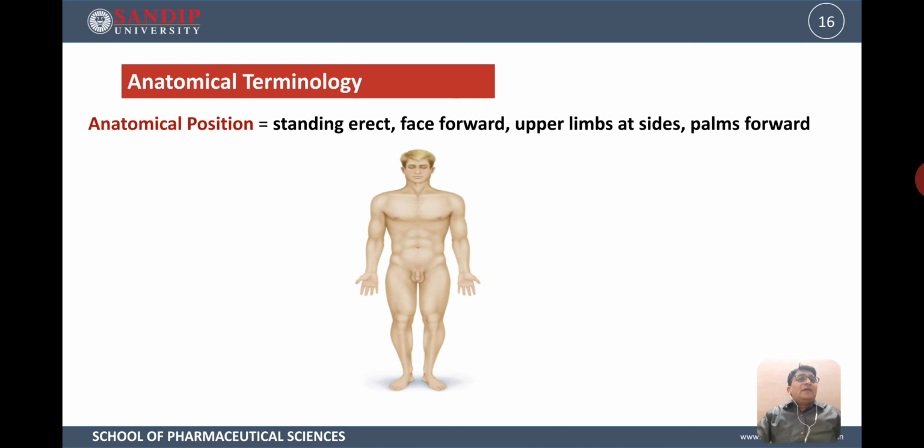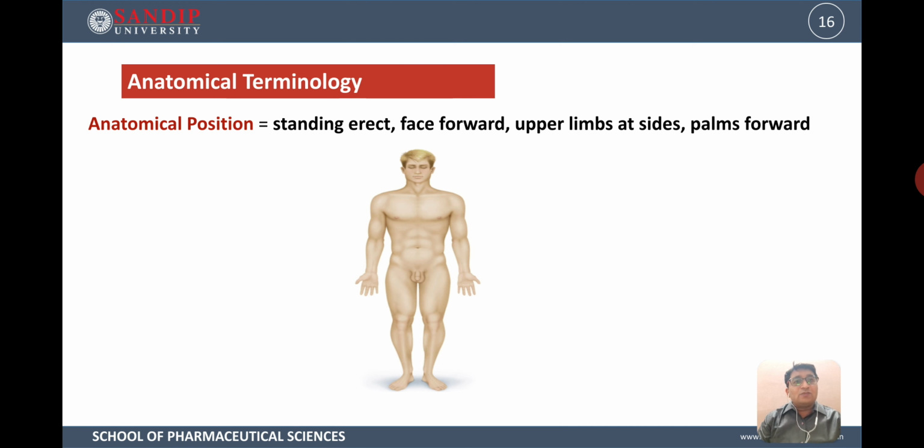The next part is anatomical terminology. Basically these are required for your next topics. Directly the questions or directly the words are there, posterior, anterior. So for this one you try to remember this is the front side. So the first definition is anatomical position. From this particular position we give the different types of terminology.